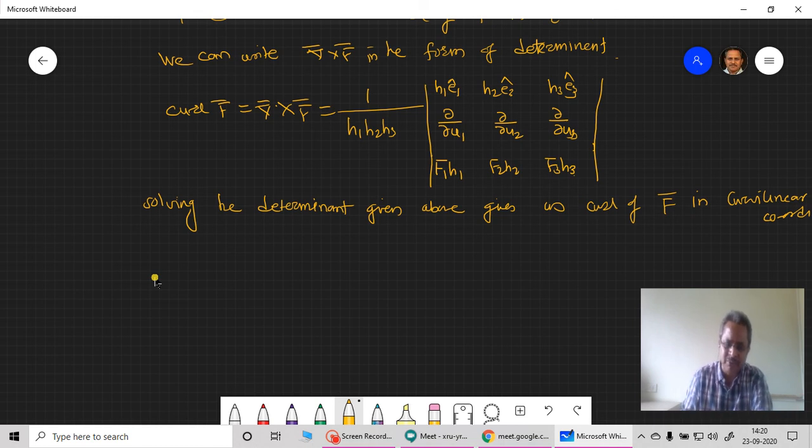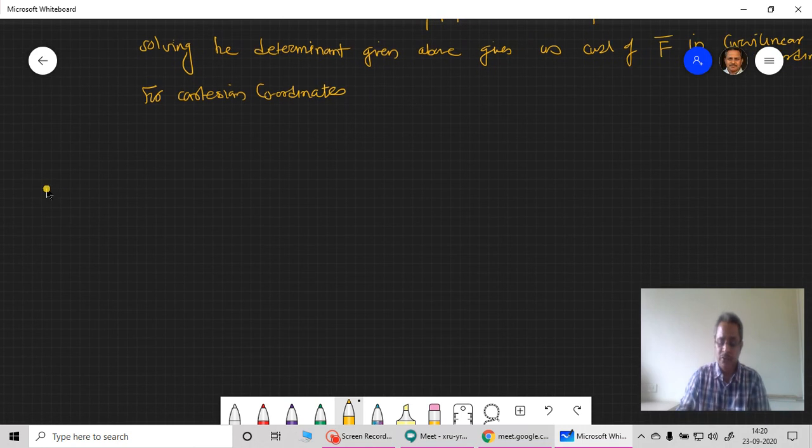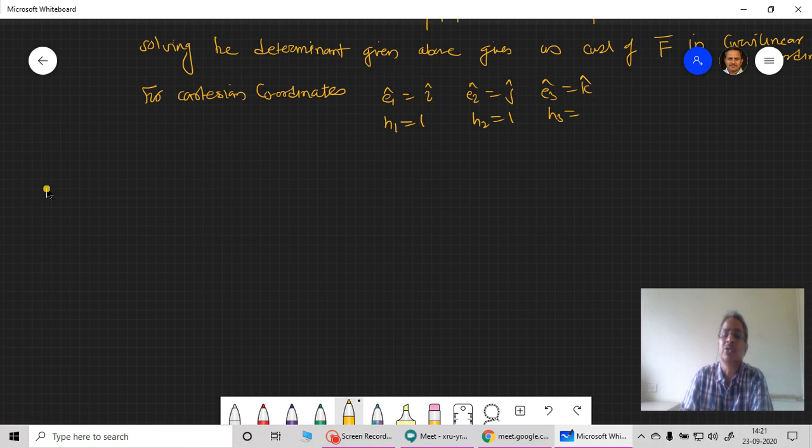Now, if you remember, we have repeated this several times. We'll just write in brief below. For Cartesian coordinates, already we have defined. What are the unit vectors? The unit vectors are e1 cap equal to i cap, e2 cap equal to j cap, e3 cap equal to k cap, along three different directions, and h1 is 1, h2 is 1, and h3 is also 1.